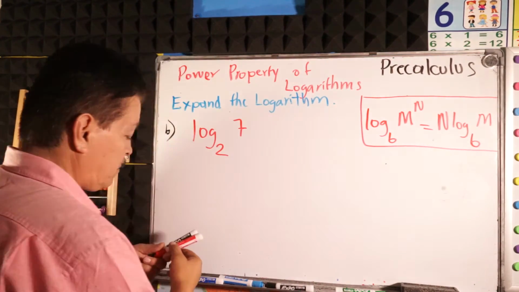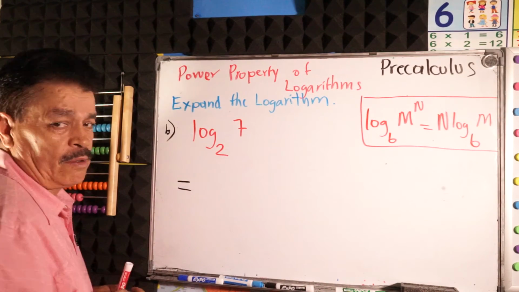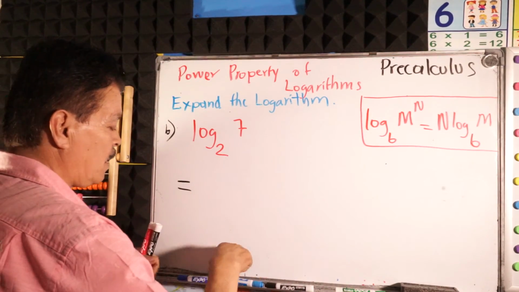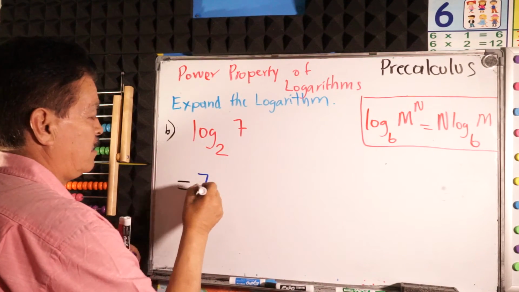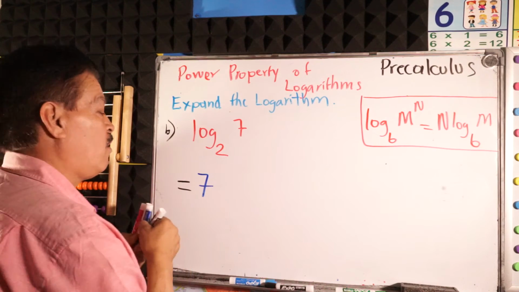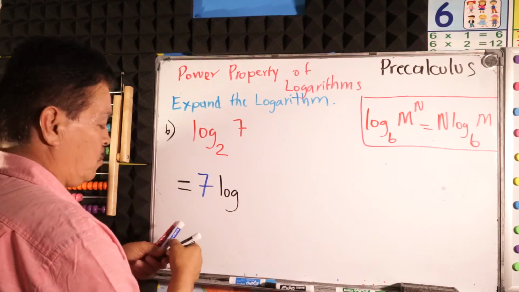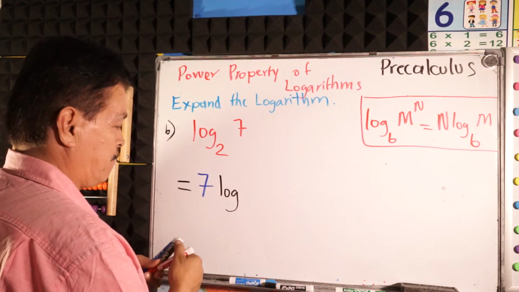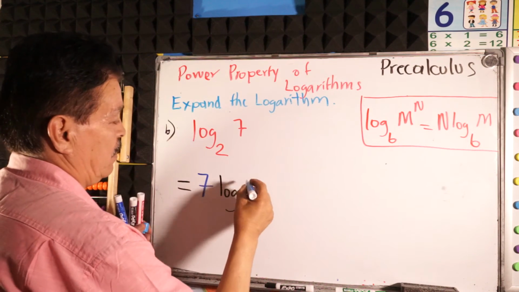Okay, so this equals, very simple, 7 log 2.